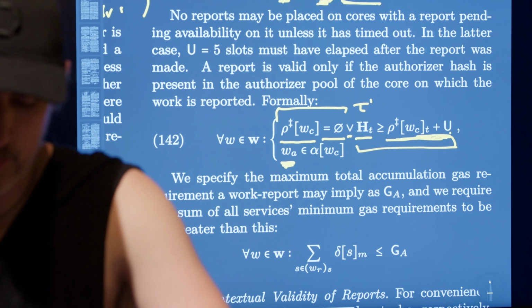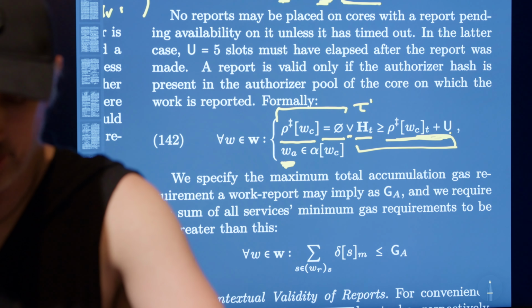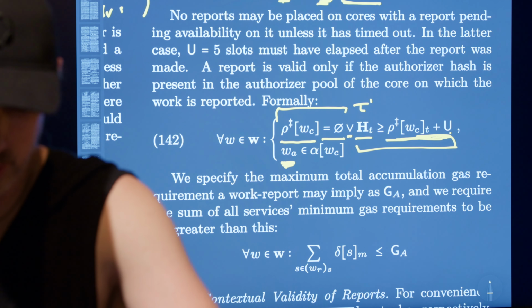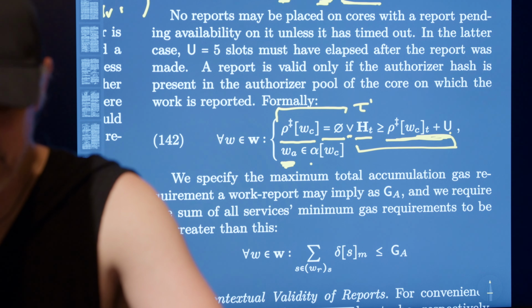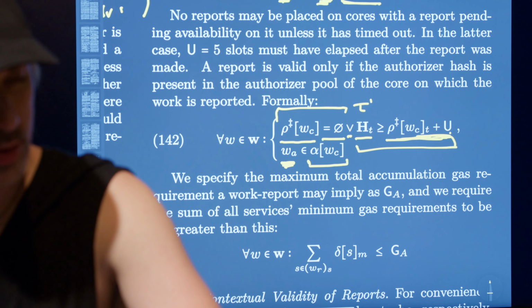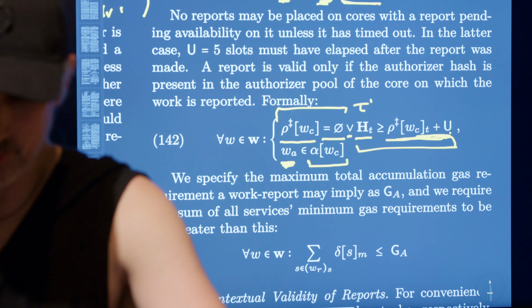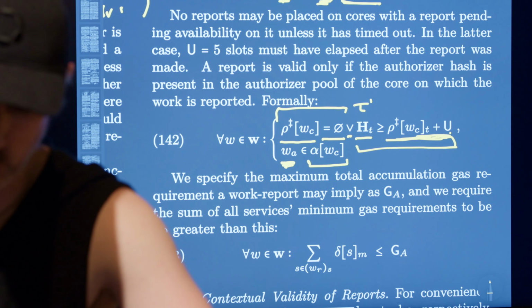Also, the work package authorization hash. This is a hash, W_A, the work report's authorization hash, which must be a member of our authorization pool for that core.